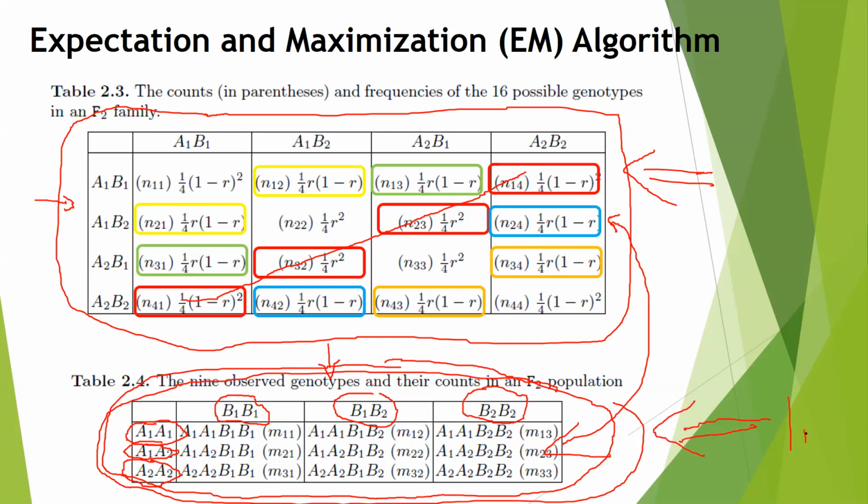This is incomplete, which is the reality. This is the complete. We have to use the EM algorithm to help us deal with the incomplete data problem. Questions? No question? Okay, let's move forward.